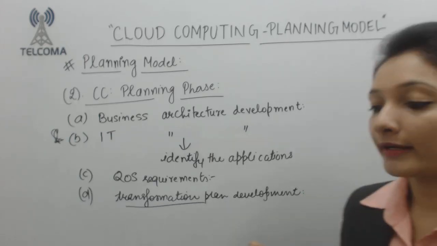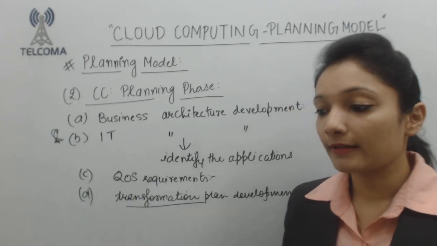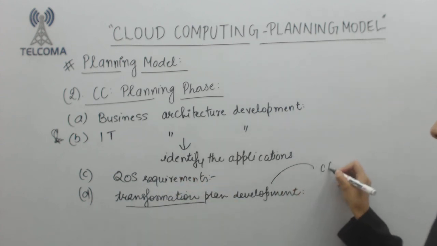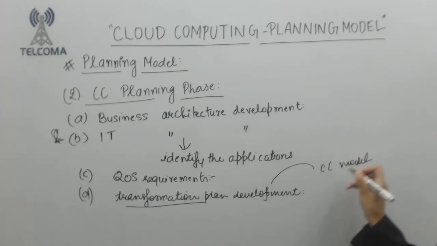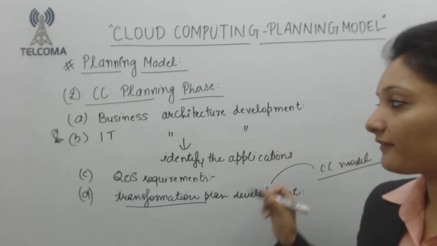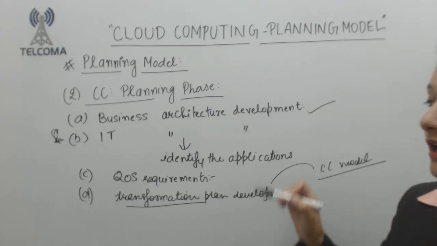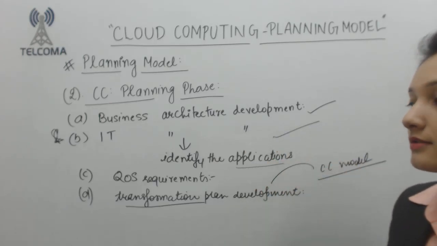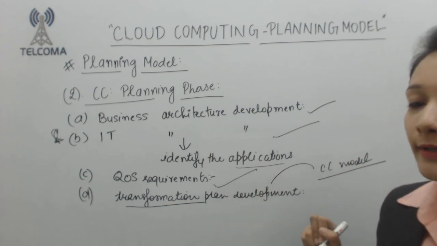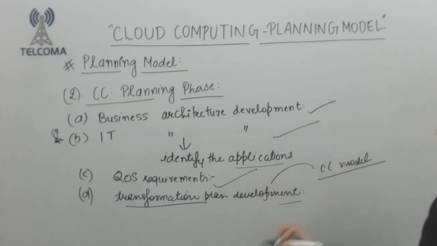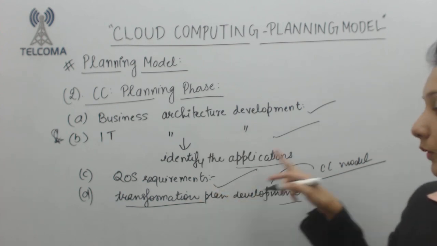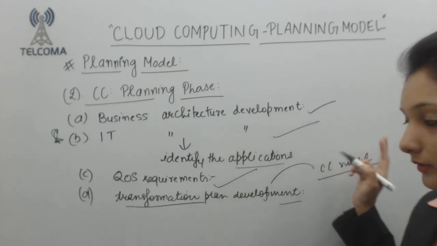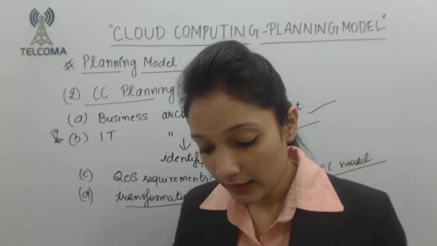So here you have to find out the appropriate plan which is suitable to transform your current business to your cloud computing model. In this planning phase, you have to see the business architecture. After that, in IT architecture, you identify the applications and the data system, then the quality of service, and then the transformation plan. That means the final plan which is required to transform that business into your cloud computing model.